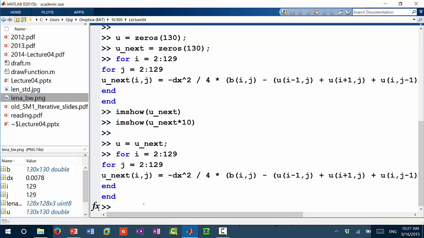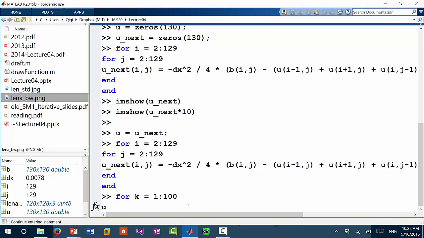Okay, I'm done. My U next now is at U2. And why don't we do that multiple times? So for k equal to 1 to 100, for example, I'm going to iterate that 100 times. U is equal to U next.